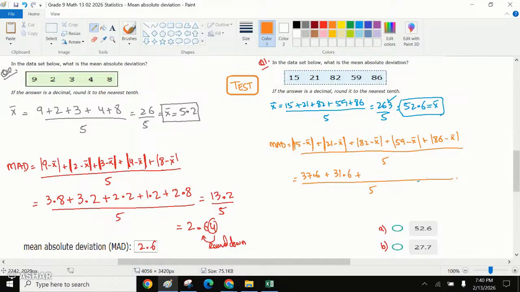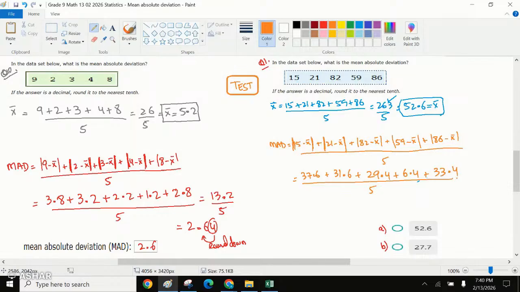82 minus 52.6, right? And this comes out to be 29.4. It's still positive because 82 is greater than 52.6. 59 minus the mean, that is, 59 is greater, it stays as positive, and 86 is also greater, 33.4.